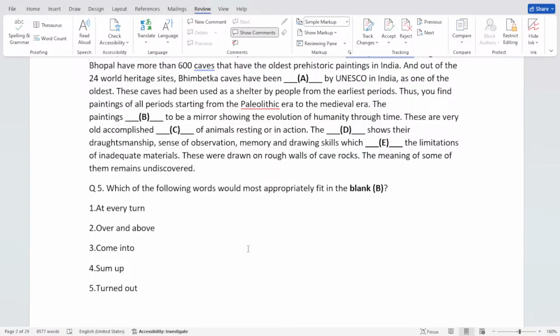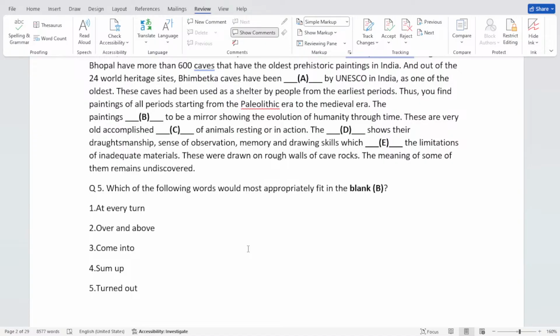And next, over and above. So in addition to means already it is there, one more is added. And next we have coming to. Coming to means suddenly receiving something, inheritance of something. So for property related matters we will use this word. And when it comes to sum up, brief, it is about giving the explanation.